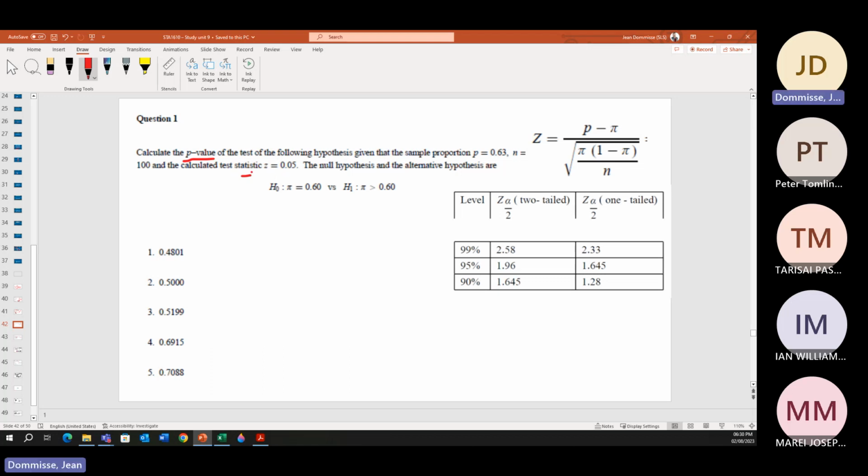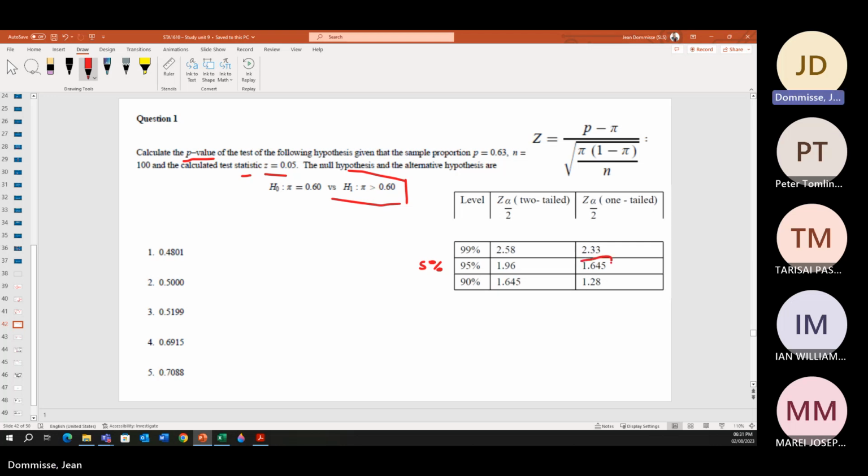Okay, so they tell us your test statistic is going to be tested with a z equal to 0.05. So that's 5%. Alternative tells us bigger than. Bigger than is only looking at one way, one tail.